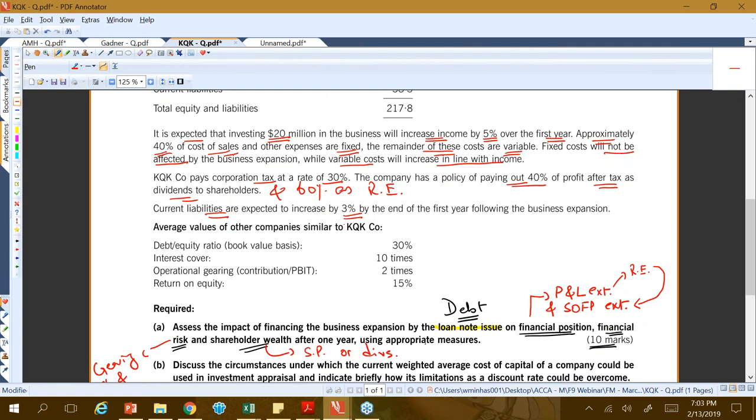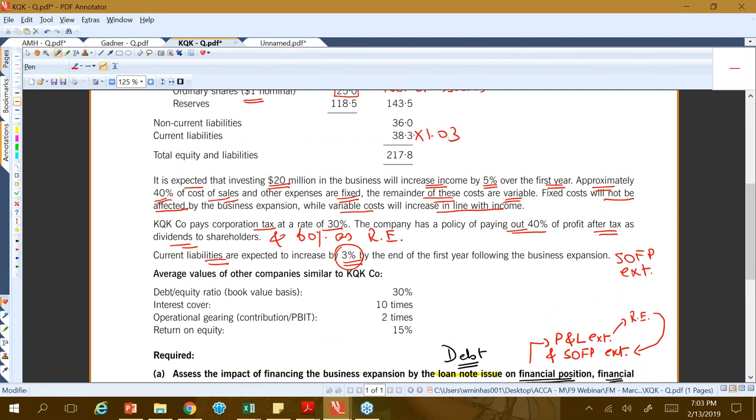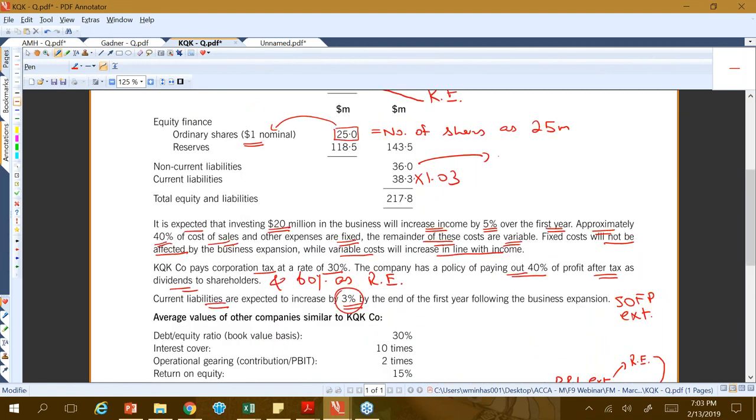Remember, we do have to make a little SOFP extract, and for that we'll just increase the current liabilities by 3%. Remember, they are planning to raise 20 million debt, which means the non-current liabilities will also increase by $25 million.